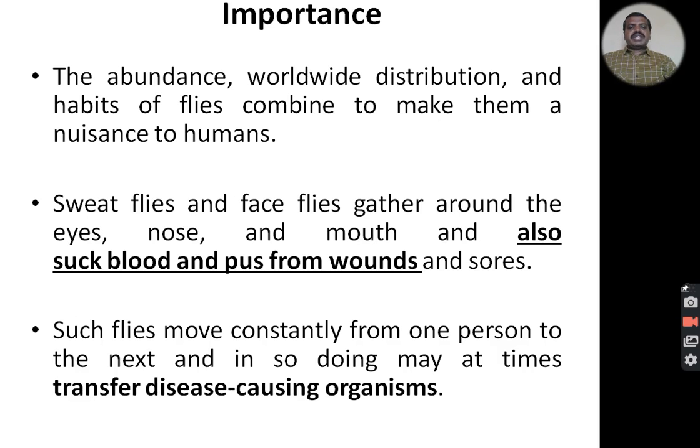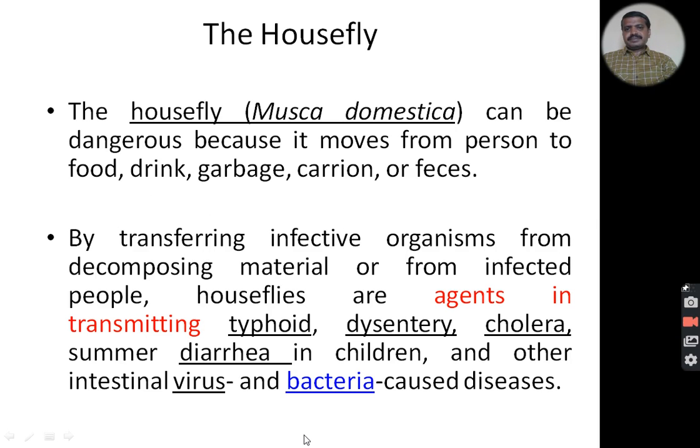Such flies move constantly from one person to another, and in doing so they may at times transfer disease causing organisms. While flying from one person to another, since they act as vectors, they can easily transmit the disease causing agent or pathogen.